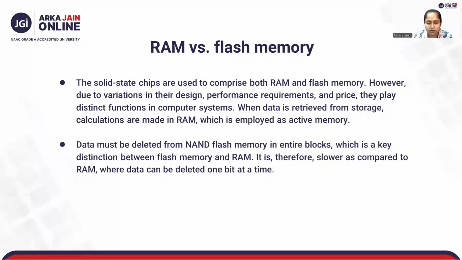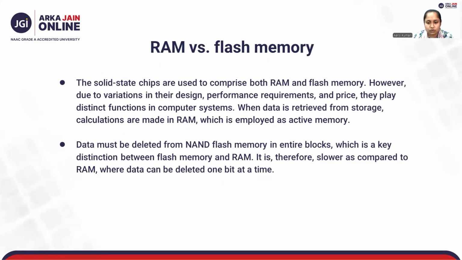RAM versus flash memory. Solid state chips are used to comprise both RAM and flash memory. However, due to variation in their design, performance requirements and price, they play distinct functions in a computer system. When data is retrieved from storage, calculations are made in RAM, which is employed as active memory. Data must be deleted from NAND flash memory in entire blocks, which is a key distinction between flash memory and RAM.